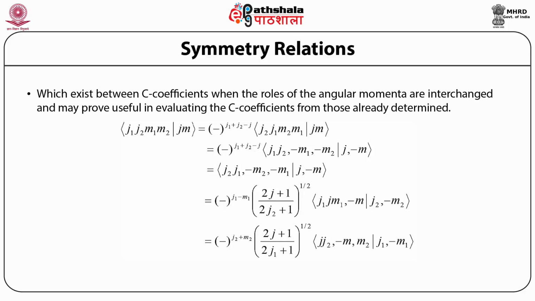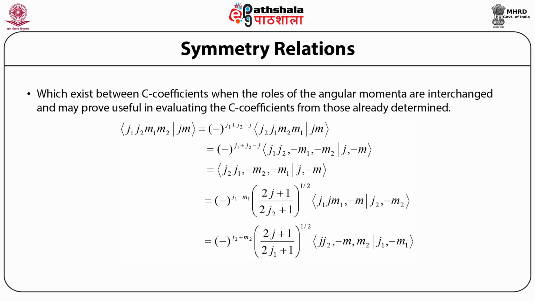So we may write down these symmetry relations as the Clebsch-Gordan coefficient bra vector j1 j2 m1 m2 ket vector jm is equal to minus 1 to the power j1 plus j2 minus j times bra vector j2 j1 m2 m1 ket vector jm.